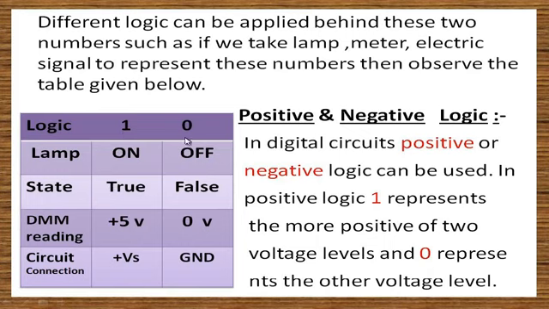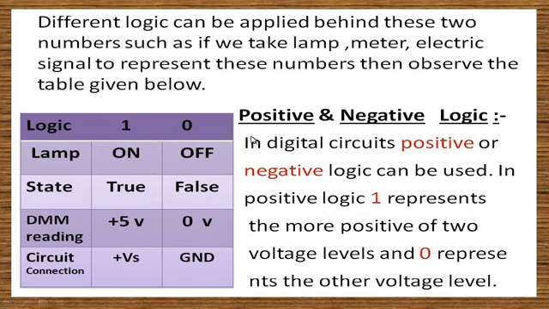If we have to give input as logic 0, then the input should be grounded. Is that clear, students? So remember, lamp on or off, state true or false, digital multimeter reading plus 5 volt or 0 volt, circuit connection plus volt and ground. All these are related to 1 and 0 respectively.